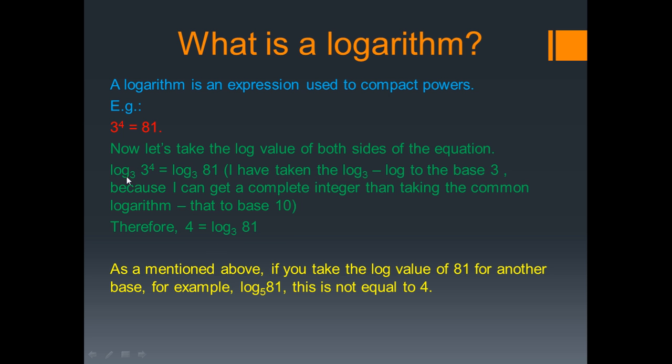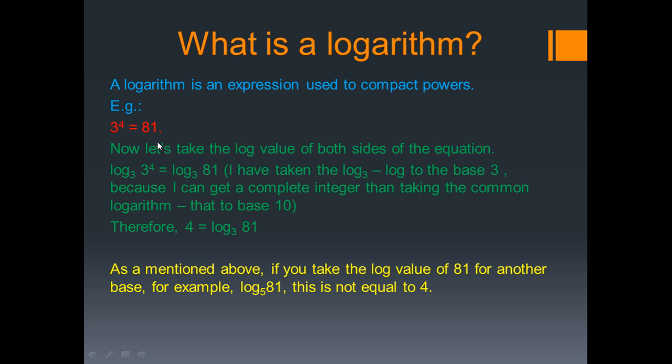What's important here is not the value that you get here, or the value of the base, or the way you get it. What's important is that if you have this in the form, say 3 to the power 4 equals 81, you should be able to rewrite this equation in the format of log 81 to base 3 equals 4.